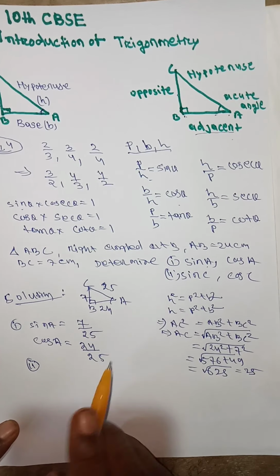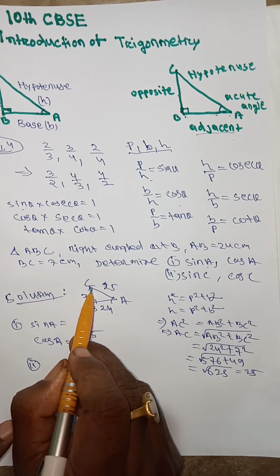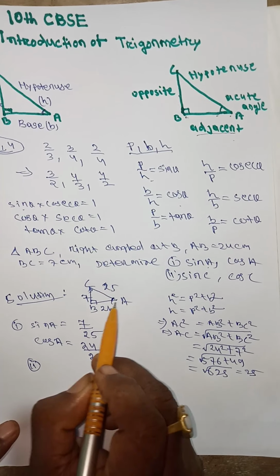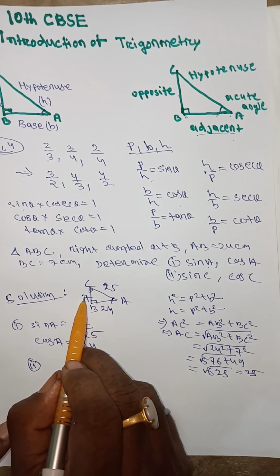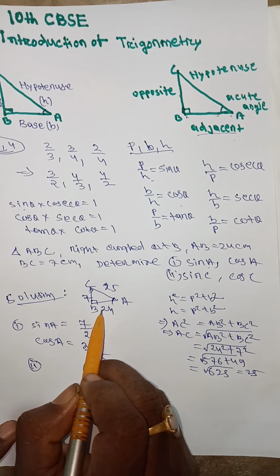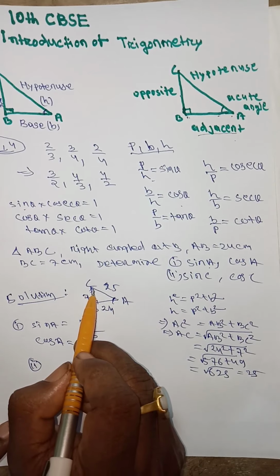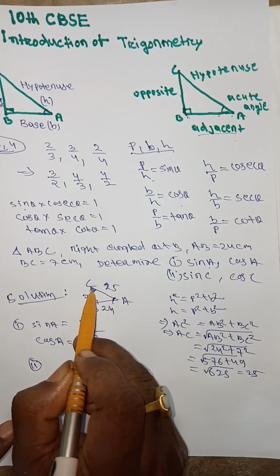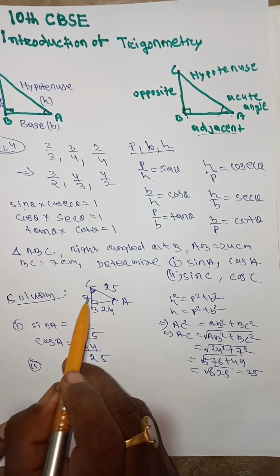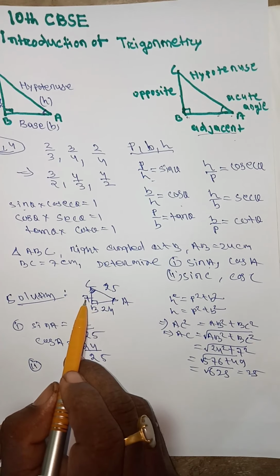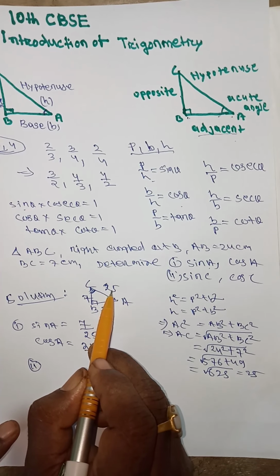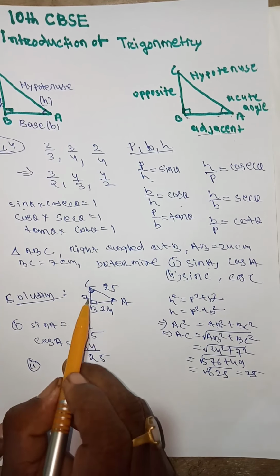sin C, cos C. Now the acute angle changes. When the acute angle is A, then this is the perpendicular and this is the base. But when the acute angle changes to C, then the perpendicular and base change, but the hypotenuse remains unchanged.